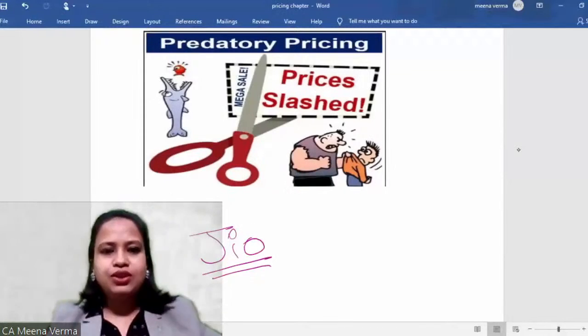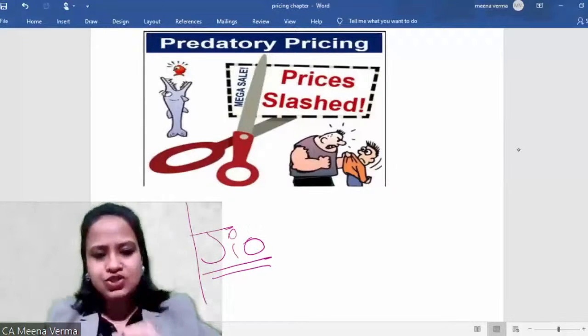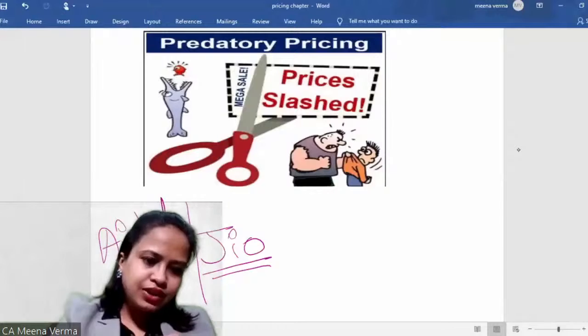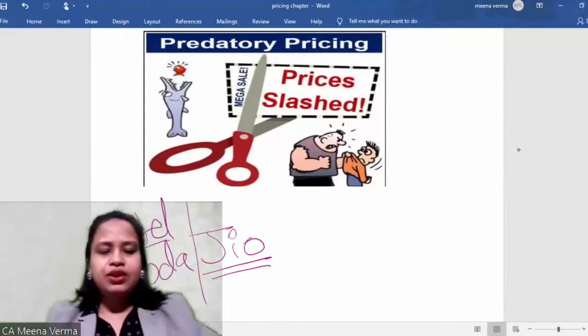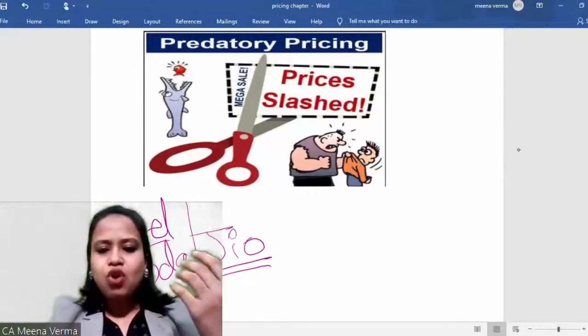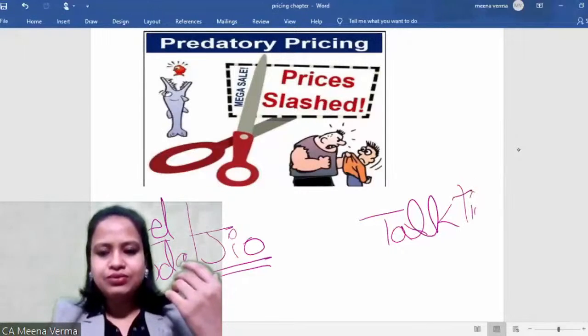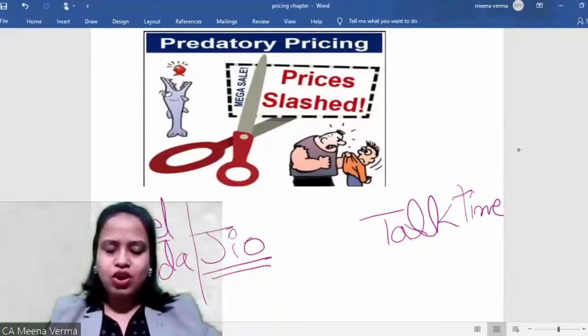When Jio first introduced its plan in the market, before that, companies like Airtel and Voda were the market leaders, right? And their talk time was very expensive, calling and all.